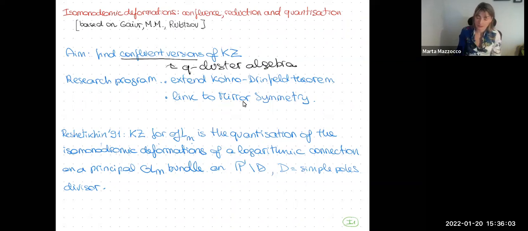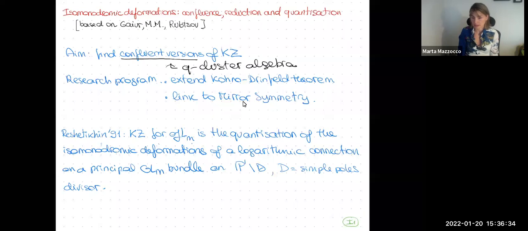So what I'm going to do today is study such an object and try to manipulate it in such a way that we can take limits and create isomonodromic deformations of connections which have irregular singularities.